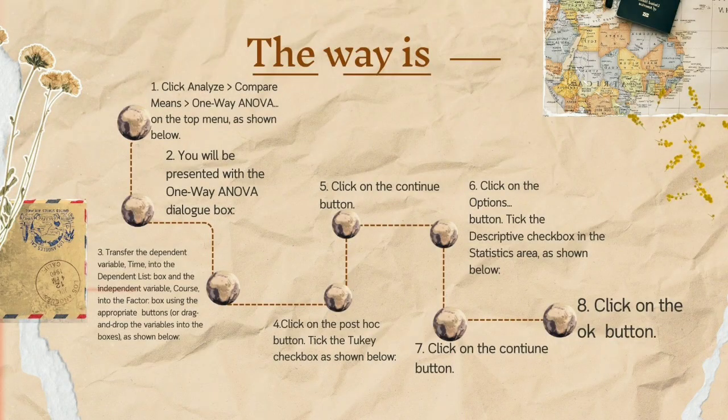The steps are: 1. Click Analyze, Compare Means, One-Way ANOVA on the top menu, as shown below. 2. You will be presented with the One-Way ANOVA dialog. 3. Transfer the dependent variable time into the Dependent List box and the independent variable course into the Factor box using the appropriate button as shown below. 4.